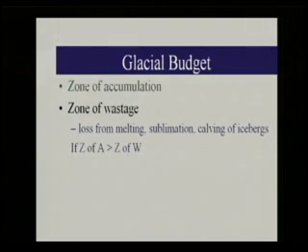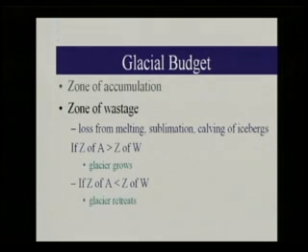Now, what happens, do you think, if the zone of accumulation is greater than the zone of wastage? When that happens, we actually have a glacier that is growing. What if the zone of accumulation is less than the zone of wastage?